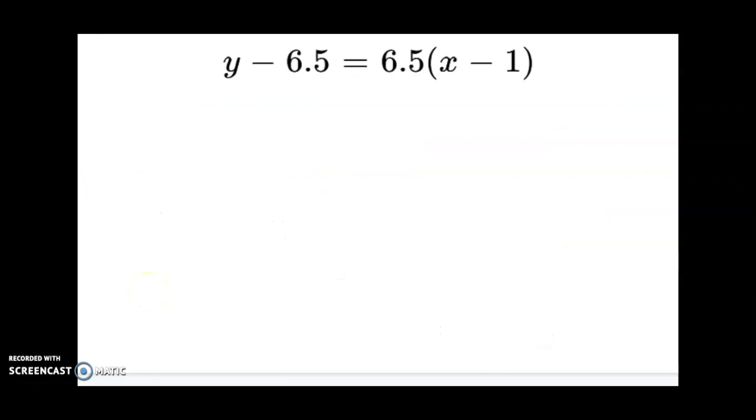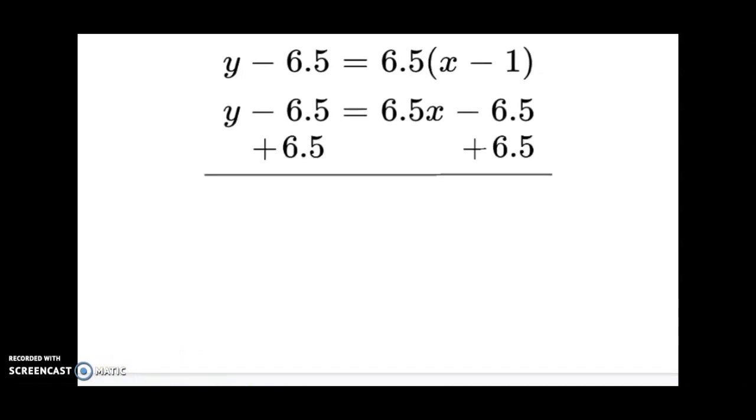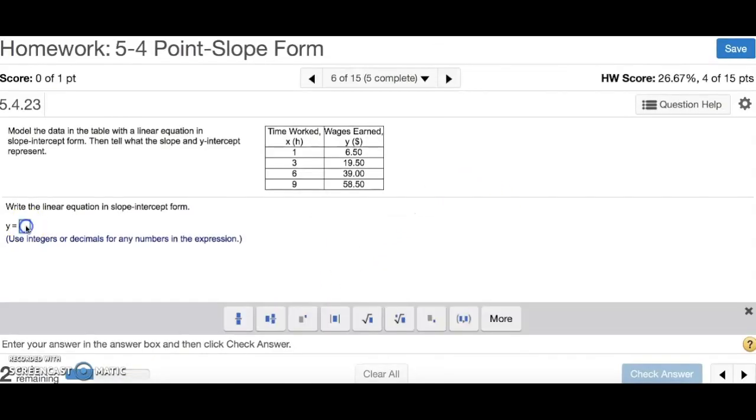So distribute the 6.5 on the right, and then add 6.5 to both sides from here, and we get y equals 6.5x. Now that it's in slope-intercept form, we can see what the y-intercept is, which is 0. There's nothing there. So let's type that in. So I'm going to type in 6.5x.